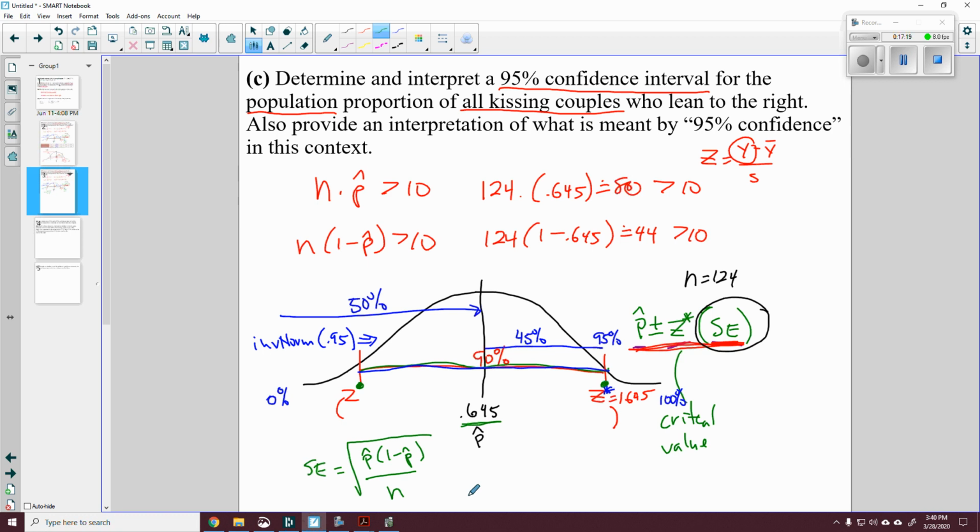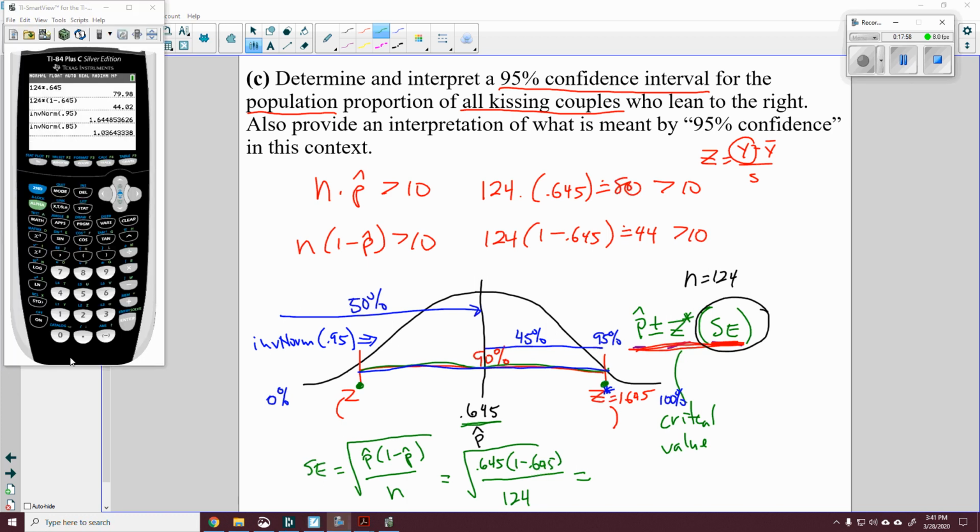That's a formula you need to remember, and it's really kind of astounding. So the standard error in this case is going to be the square root of 0.645 times 1 minus 0.645, divided by my n, which was 124.